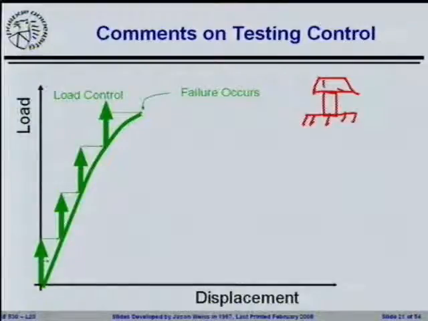If you put weight 1 on top of it and it didn't break, the obvious thing to do next would be to put another weight on top of it, and keep increasing the weight. This is a load control test. What you are doing is applying the load in an increasing fashion.